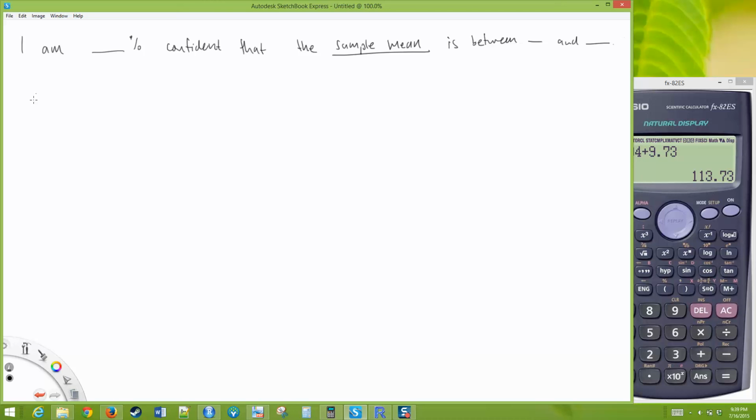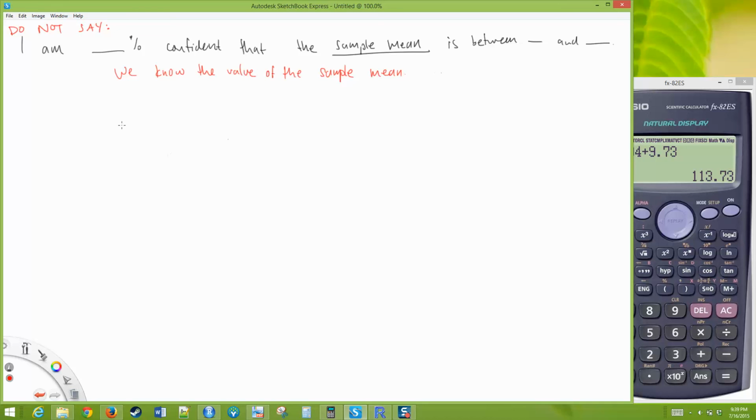Oh, so I should write do not say. Okay, and we don't say this because we know the value of the sample mean, right? We know the sample mean is 104. There's no uncertainty there.